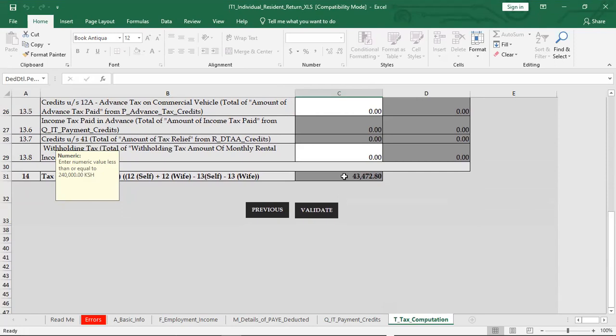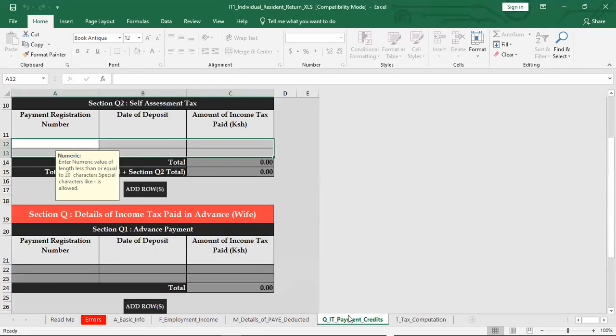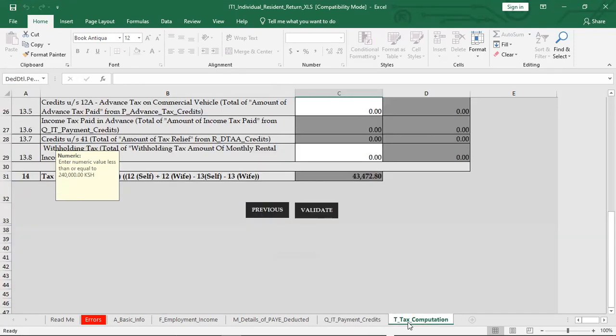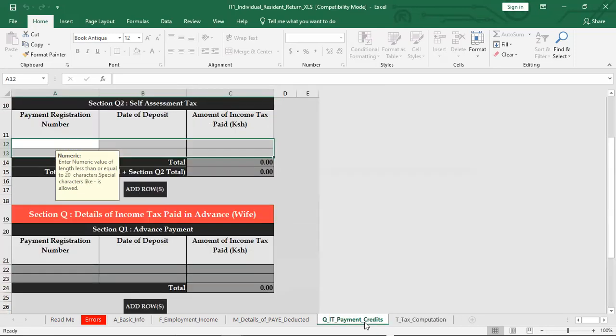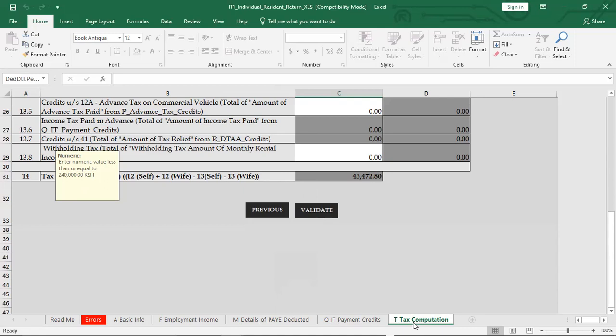So for this one, you see this 43,472. But after filling this column, you are supposed to reduce the 43,472. For example, in our case, if we are done with everything, 20,000 is supposed to be paid for the year. But after filling 8,000 here, we are supposed to see here 12,000.